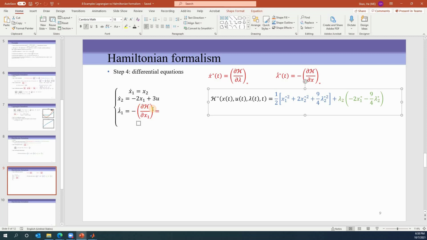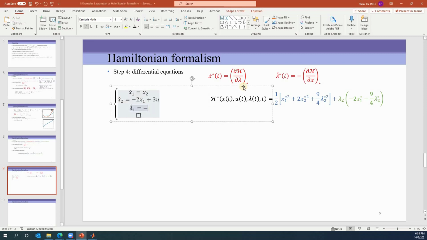So this will become partial h, partial x1. The first term will give us x1, and there is another x1 term which is negative 2 lambda 2. Since we have a negative sign in front of it, it becomes plus 2 lambda 2.